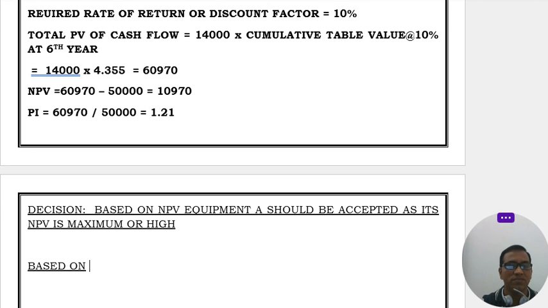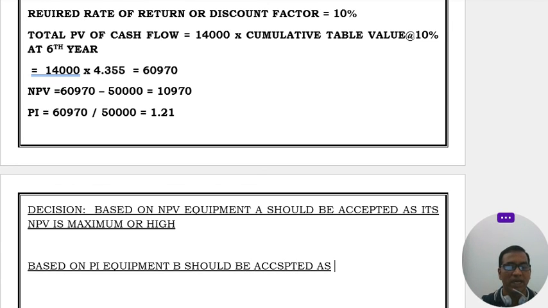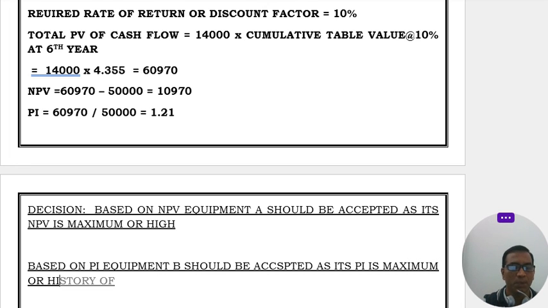Based on PI, the profitability index, equipment B should be accepted as its PI is maximum or high.